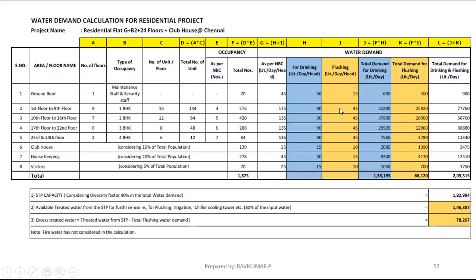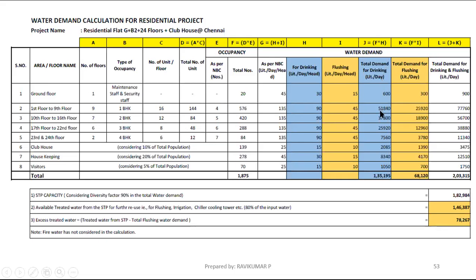NBC also says to take 40 liter for flushing. So we took 40 liter for flushing. The remaining 90 liter of water we take for other domestic purposes like drinking, washing and so on. So likewise we split it for the calculating purpose.